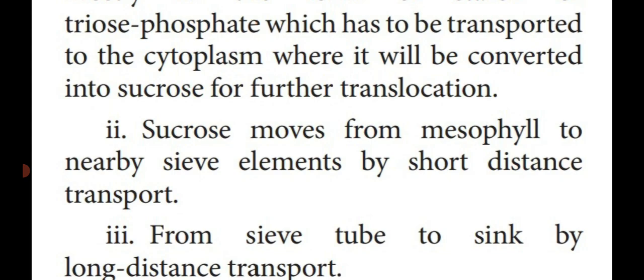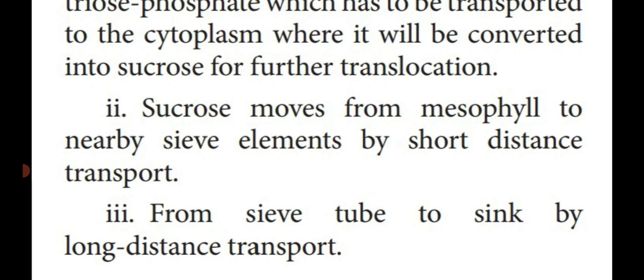These sucrose molecules move from mesophyll cells to nearby sieve elements by short distance transport. So in the second step, the food material which is modified into sucrose is transported only to nearby cells, that is short distance transport.